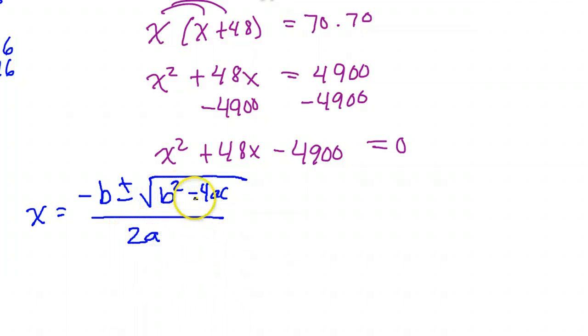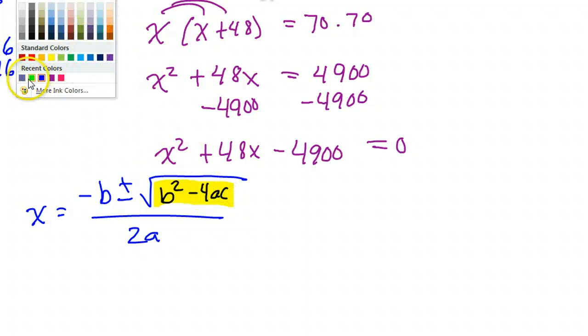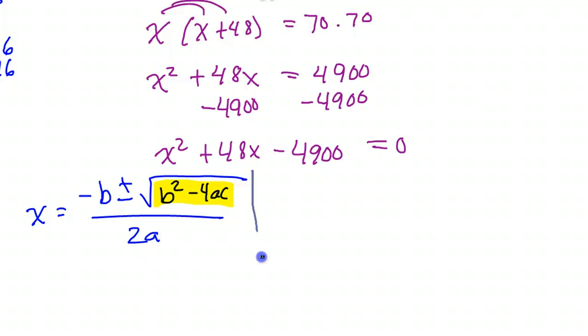We like to do the discriminant first. That's the b squared minus 4ac part. So that's what I'm going to do. That's what we do around these parts. So b squared minus 4ac, I'll just put a little arrow here. Of course, a is 1, and b is 48, and c is negative 4,900.